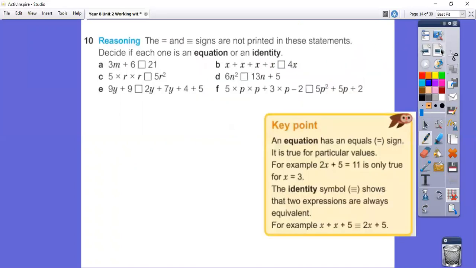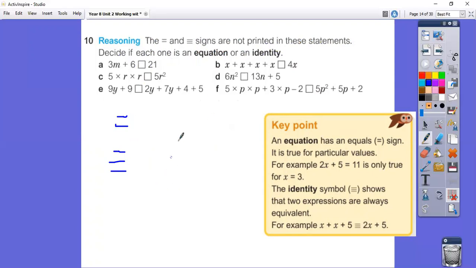Moving on to question 10. So we've got these 2 signs. We've got this equals sign, and then we've got this equal identity. We have seen this before, the equals and the identity signs. The equal and identity signs are not printed in the statements. Decide if each one is an equation or an identity.